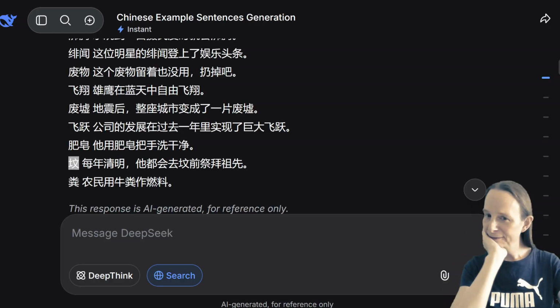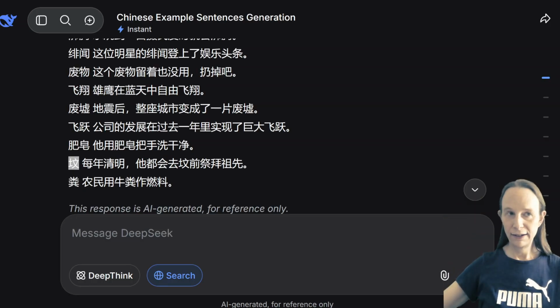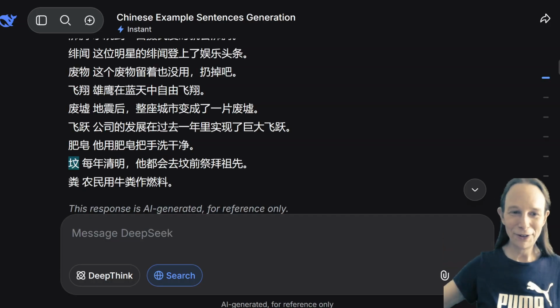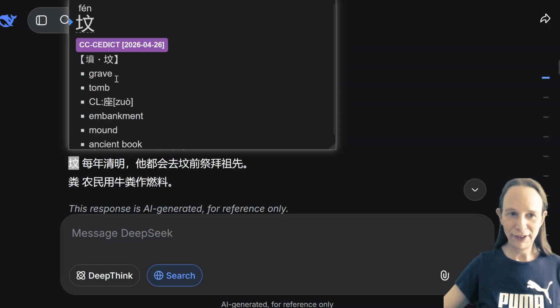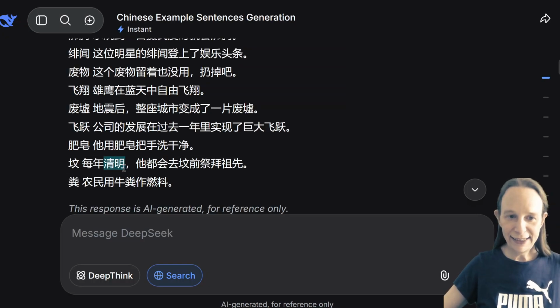So this is 粉末的粉, right? No, hold on. Yeah, it's this one. 粉末的粉. So this is just 粉. Both 粉 and 末 pertain to graves and things like this. Don't know about these other ones. 每年清明，他都会去坟前祭祀祖先.